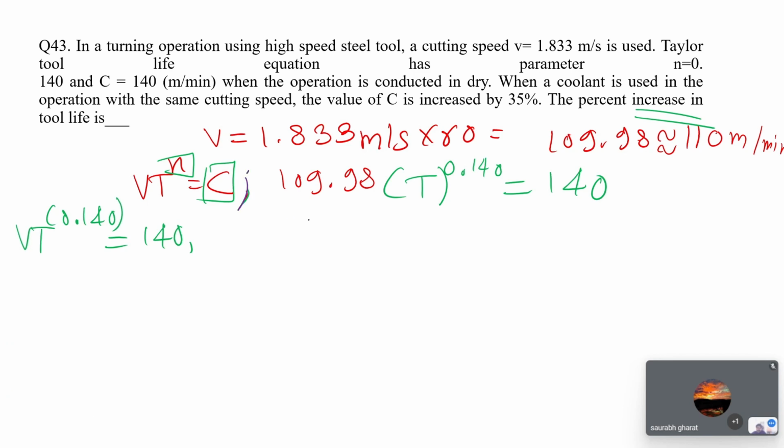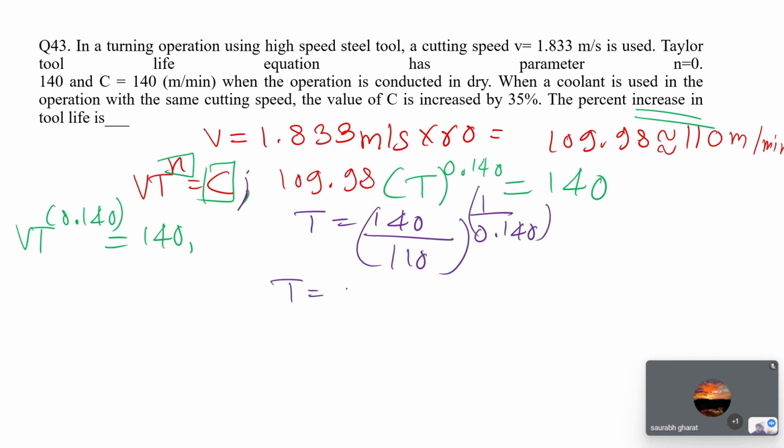Here we can find T. T is equal to, it will go in that direction, 140 divided by V, which is 110, raised to 1 over 0.140. When it is put to that side, it will be minus. So your T is equal to 5.598 minutes.